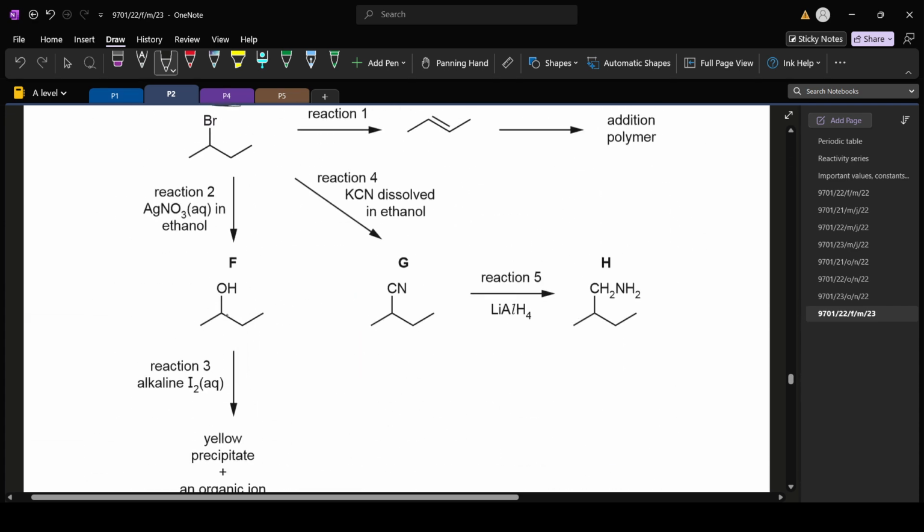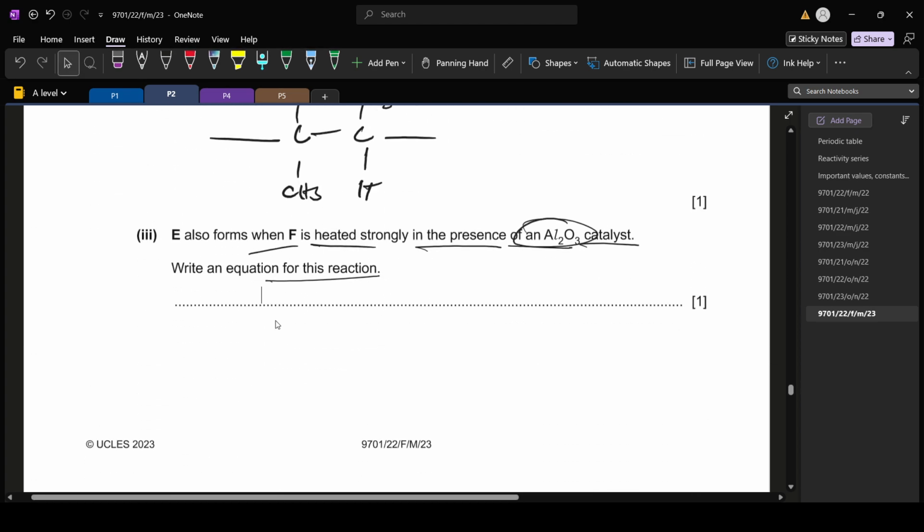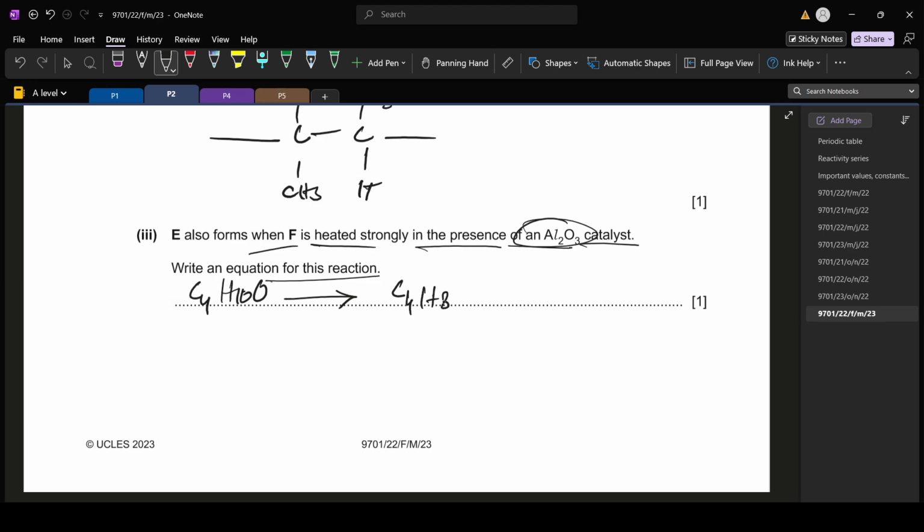F is 1, 2, 3, 4, so this C4H10O, this butanol, when it reacts with the aluminum oxide catalyst, it will form alkene C4H8 plus water.